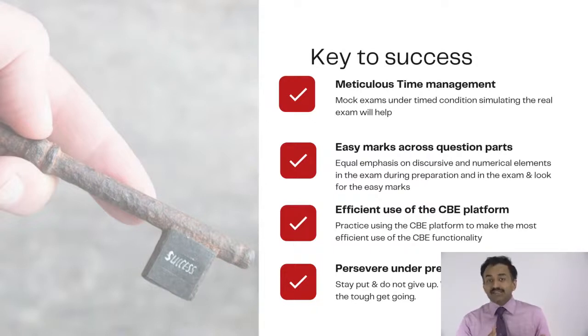With the remaining 80% of the marks, you can definitely do enough to get what you need to pass the examination. So it's all about looking for those easy marks and spreading your attention across question parts. You don't want to get stuck up into one part and then realize you've missed 10 marks at the end, which would probably have been easy pickings.